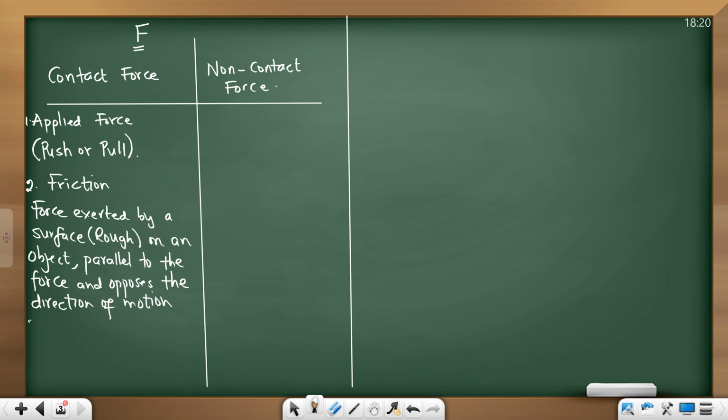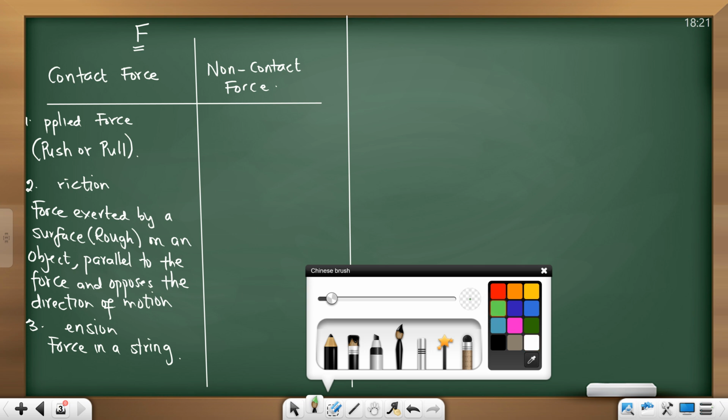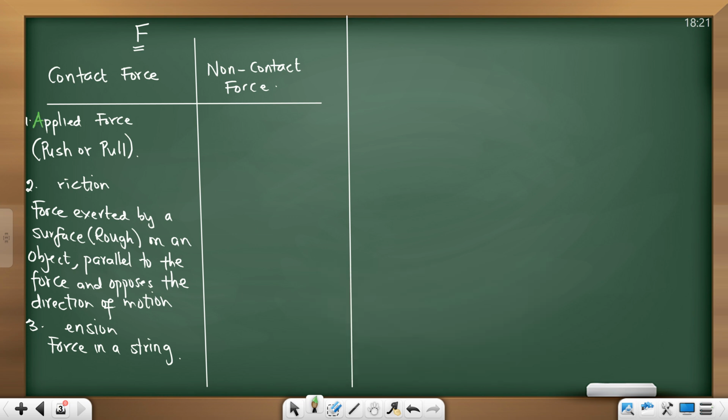Number 3, tension. Beautiful. What do we know? Force in a string. Let me do something nice. I want us to remember something. I'm going to write this in a different letter. What is here? A. What is here? F. And what is here? T. Look at those letters. Can you create a word? A word that makes sense.